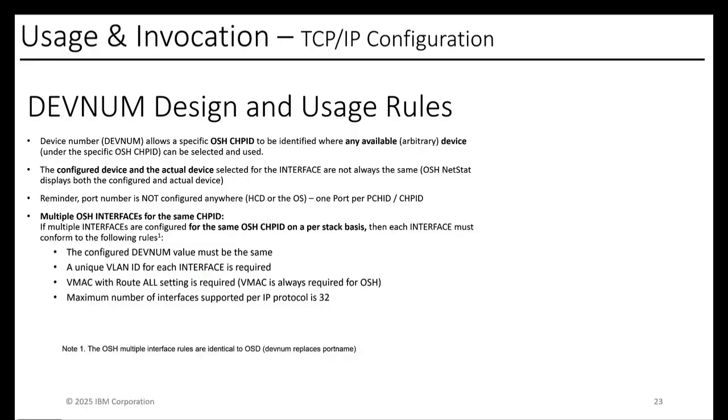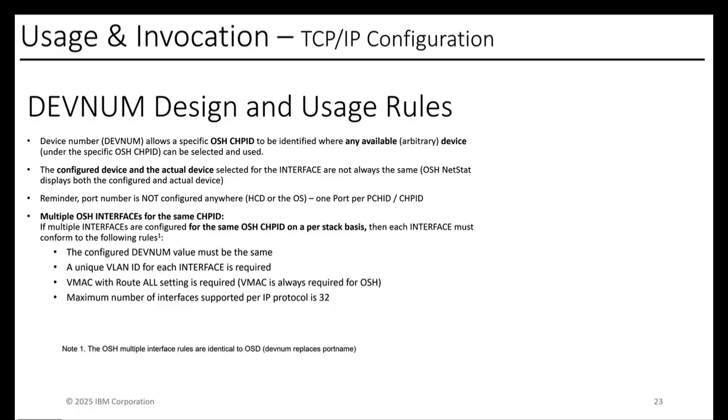And here we're getting into the rules of why. In the old world with IPQENet, you could have multiple devices that supported different VLANs, like VLAN A, B, and C, in a single TCP/IP stack, and you had a port name that actually tied it together. So when TCP/IP is processing the profile, it knew that you had the same port name, so it could monitor or enforce rules.